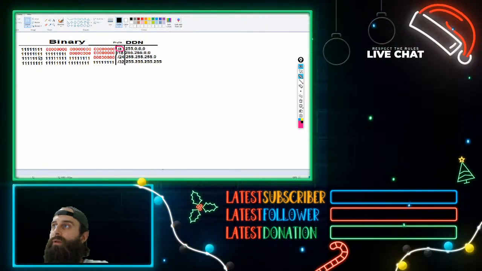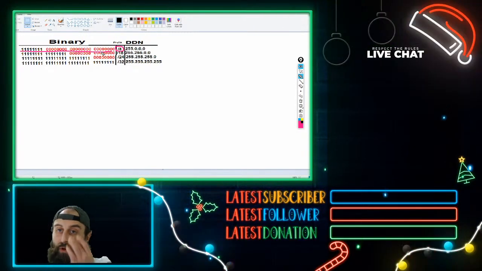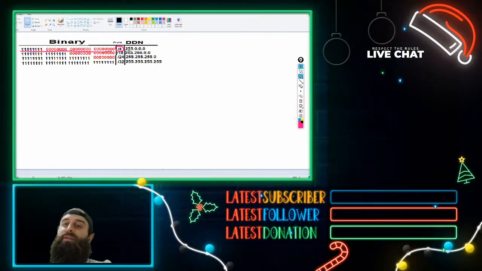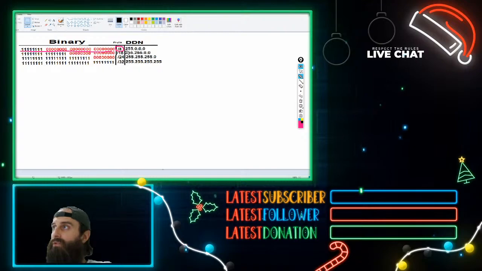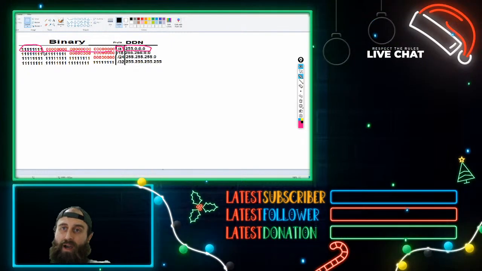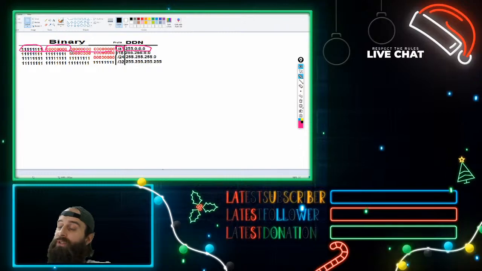If you work this out in binary, you get 255.0.0.0, because 8 binary ones is 255 and 8 binary zeros is 0.